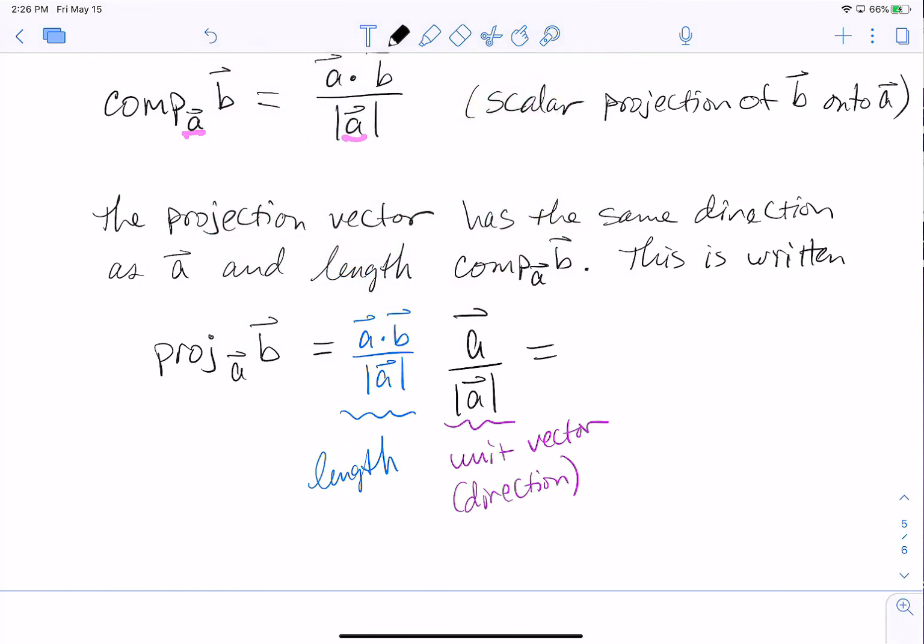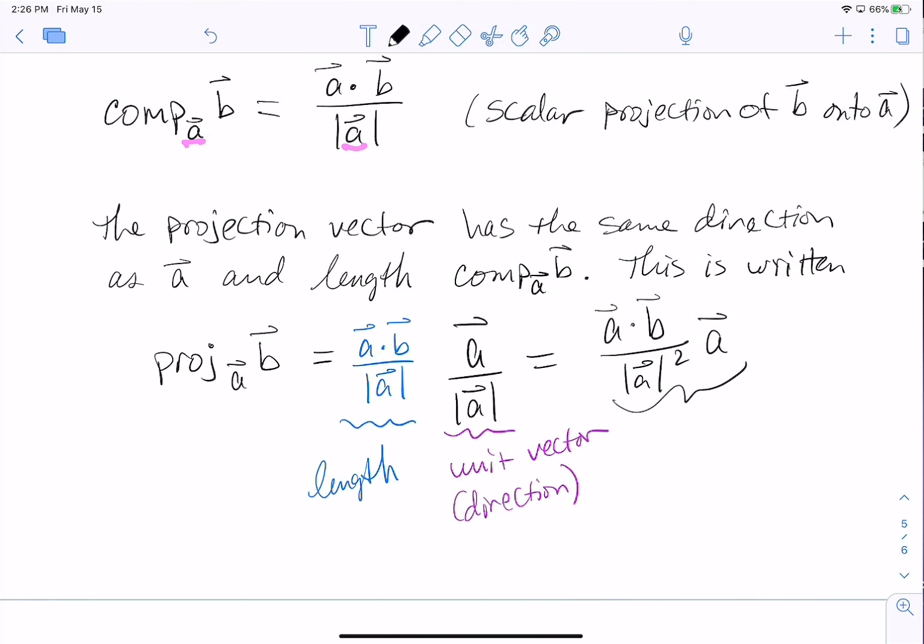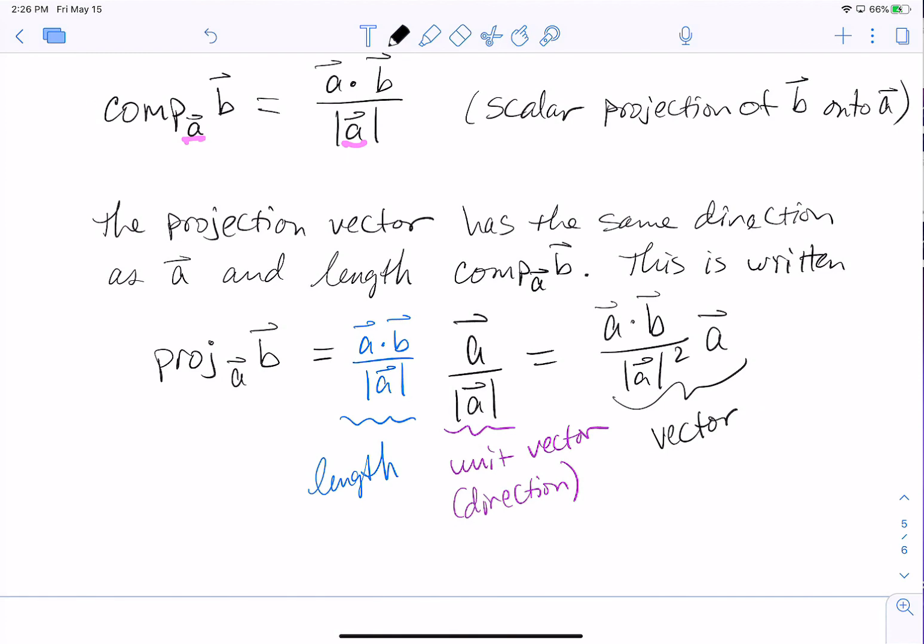We can combine the denominator. We end up with A dot B divided by the magnitude of A squared times A. That last bit is what we call the vector projection of B onto A.